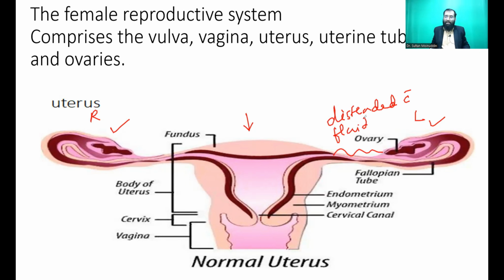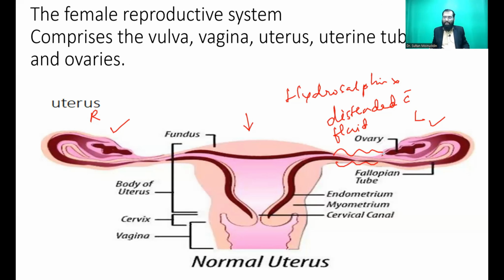If a fallopian tube gets distended with fluid, this is called hydrosalpinx. So if there is hydrosalpinx, or if there is pyosalpinx, good Fauzia, yes, it is hydrosalpinx, or pyosalpinx, in those conditions we would be able to see the fallopian tube. Okay.